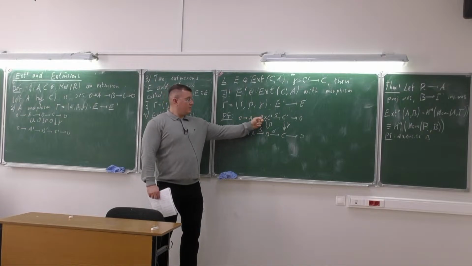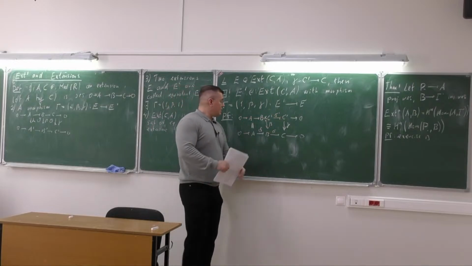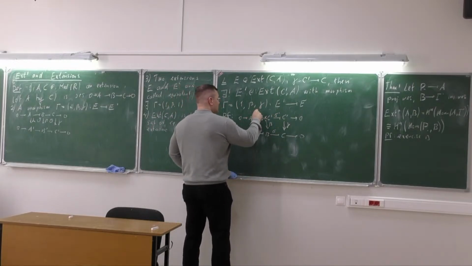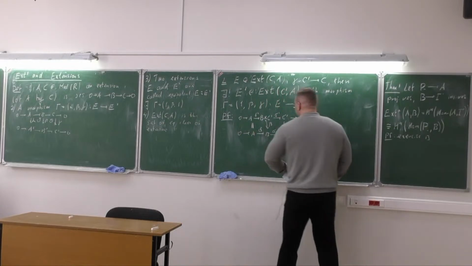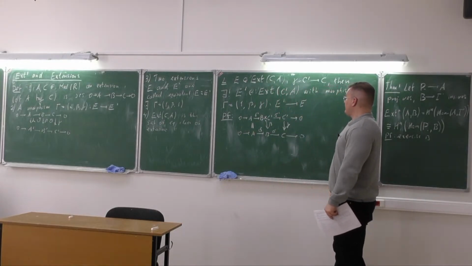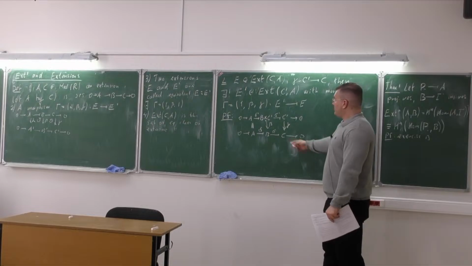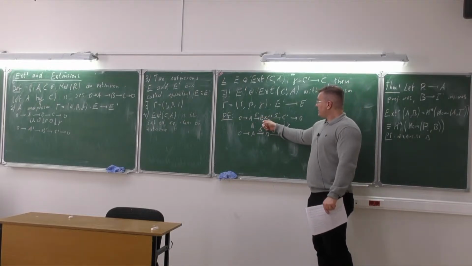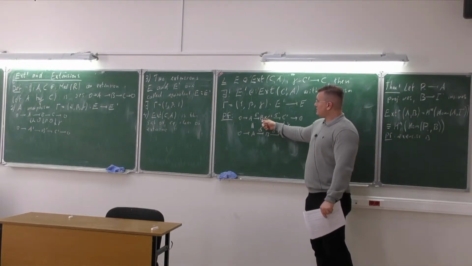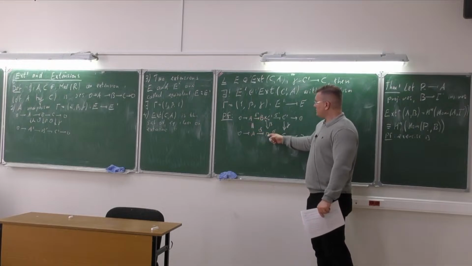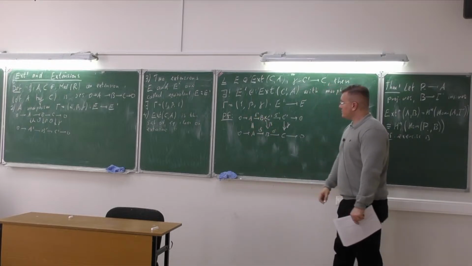Hence, there is a unique map here, and this composition that I obtain by construction is 0. So the only thing that we can ask now is, is it true that we have exactness at this term? Oh, and also you can see, since this is a commutative square, that this map is also a monomorphism.